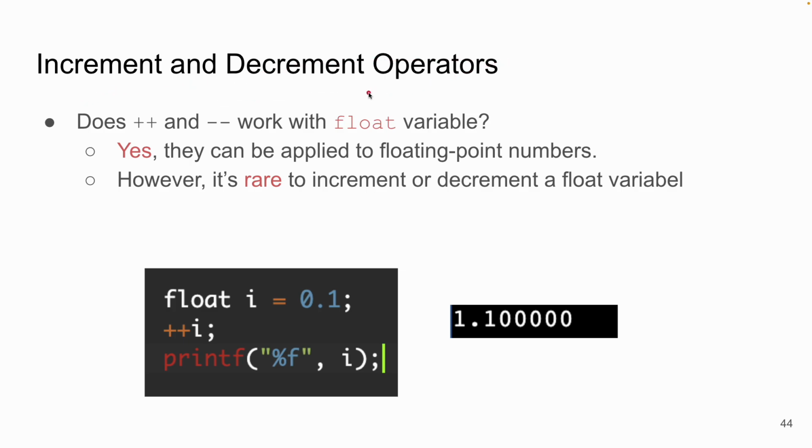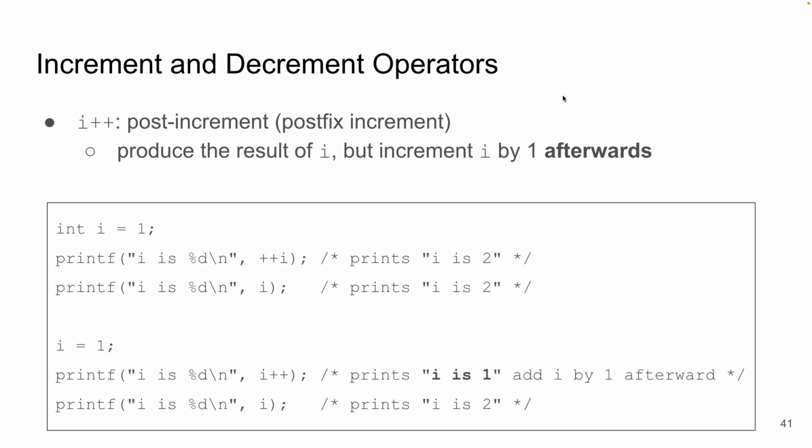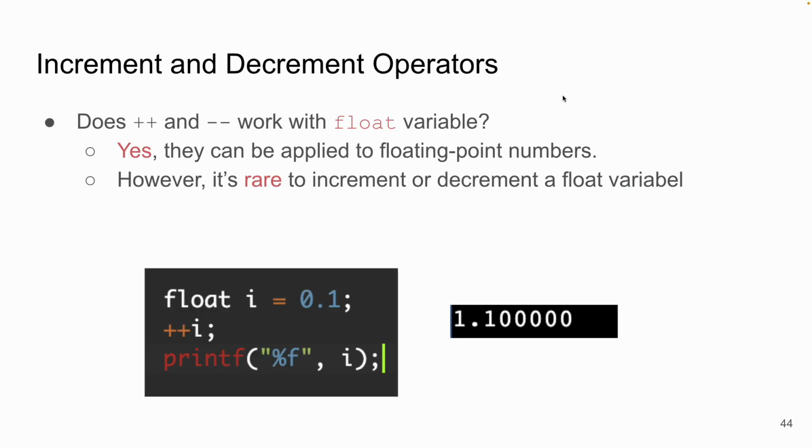The next question is, do the increment and decrement operators work with float variables? Because in the previous example, we only applied these two operators on integer variables. However, can we also apply these two operators on float variables? You can see the answer here. The answer is yes.